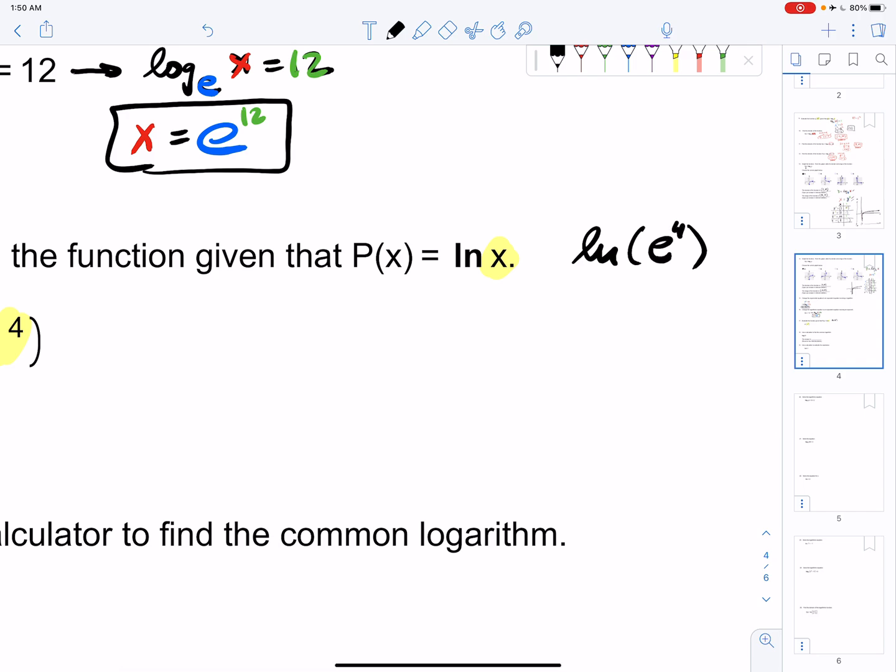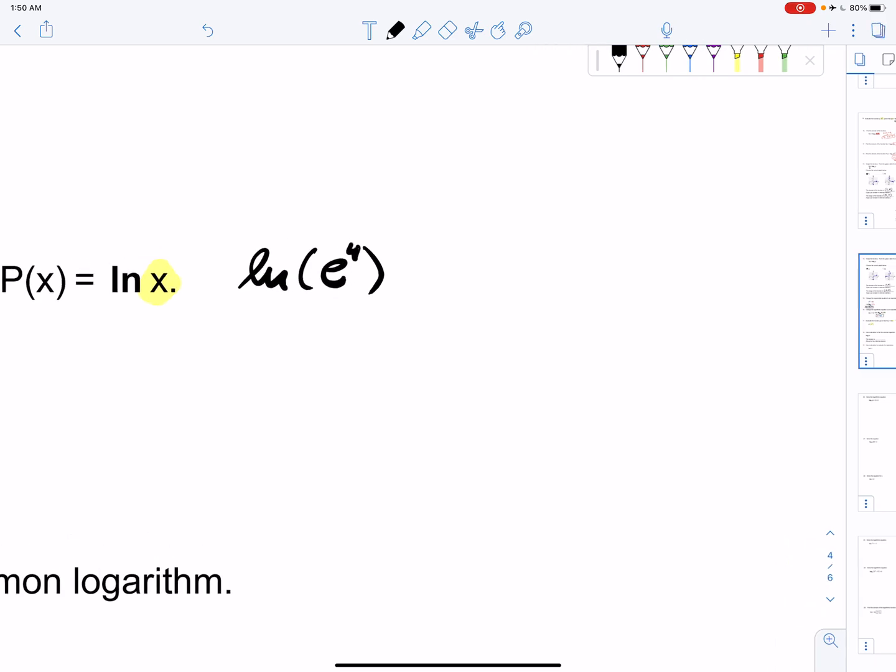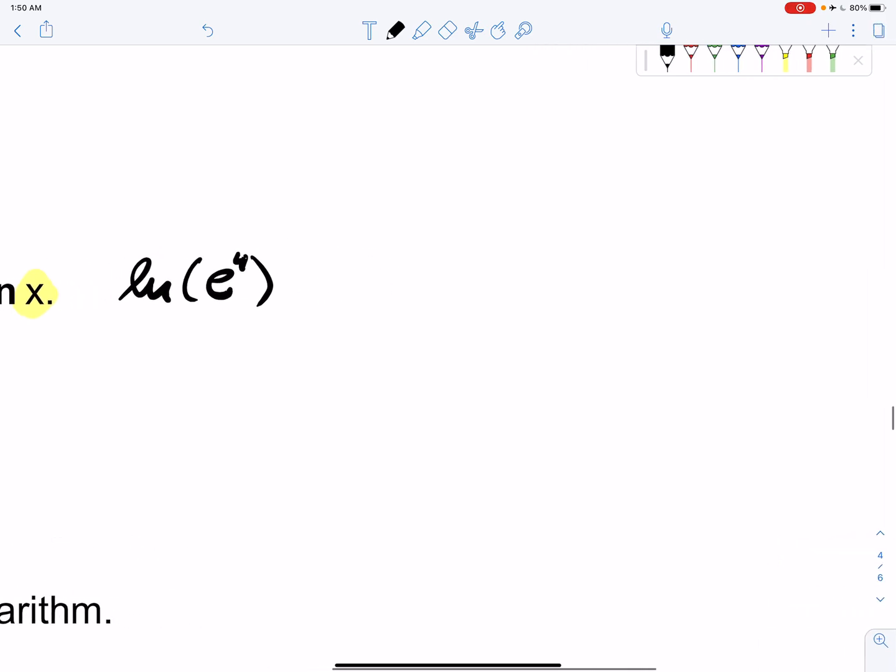There's a property we're going to learn next section that'll be fast, and we know the answer is 4. Maybe I'll tell you that property a little bit, just to give you a little prep, but then I'll do it a slow way because we don't know the property yet. Now we know that the ln is log base e. And what's the argument? That's e raised to the 4th.